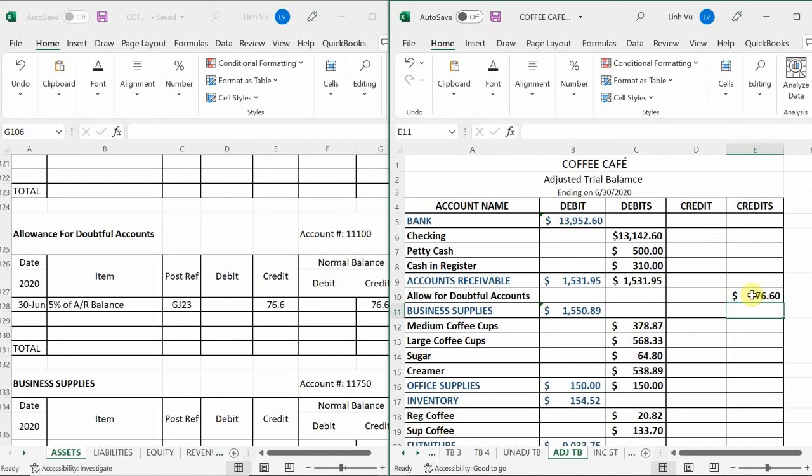However, because I'm dealing with main accounts, I actually have to change my formula here. This is going to be the combination. So in this case, I'm going to take my debit of the 15 and subtract my credit of that 67.60, because that is what the contra account does. The contra account decreases the main account.